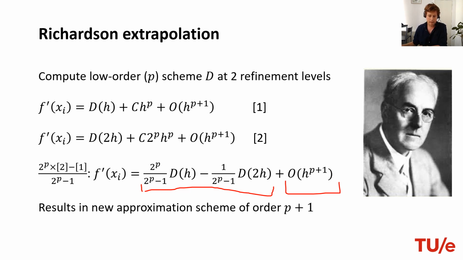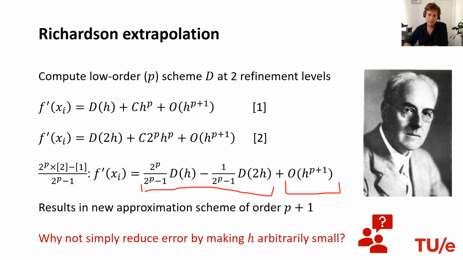And then a final remark to make here is that I've been talking a lot about these truncation errors, about trying to obtain schemes of a higher order accuracy. But a valid remark that you might make at this point is, why even bother? Why not simply reduce the error that we're seeing by making h arbitrarily small?